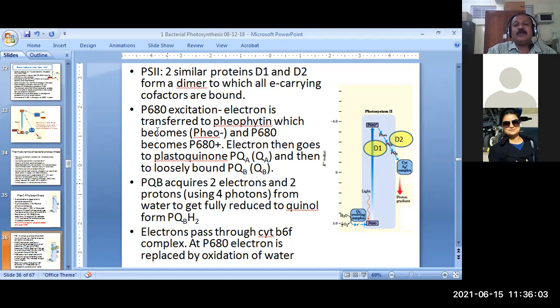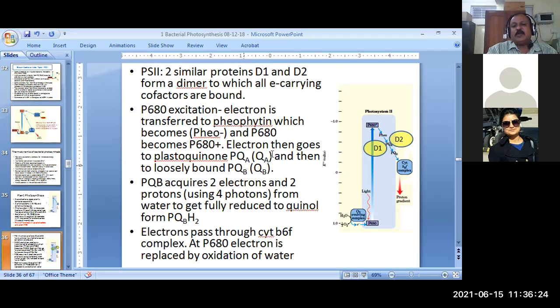Now what happens is that when there is excitation of the reaction center by light, the electron is transferred to the pheophytin here, and the pheophytin now becomes pheophytin minus, because it has already taken up the electron.